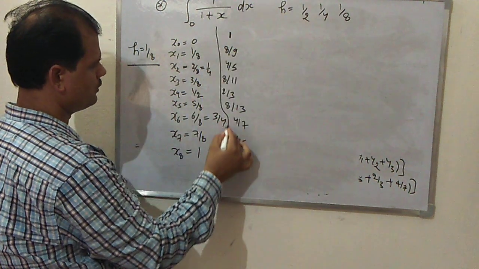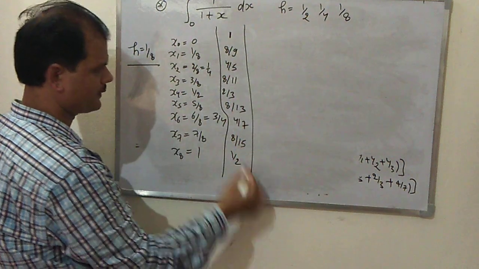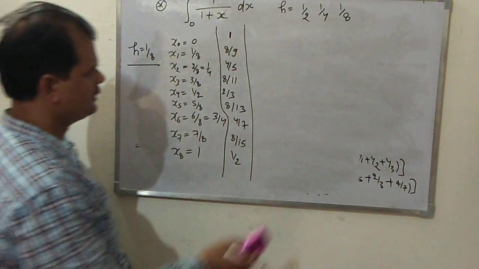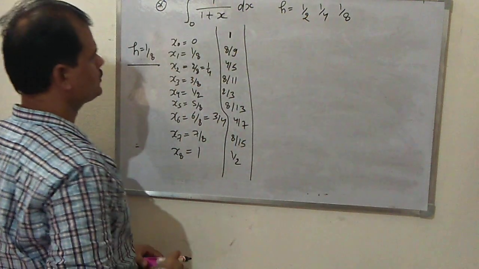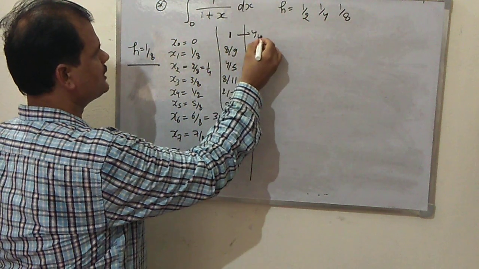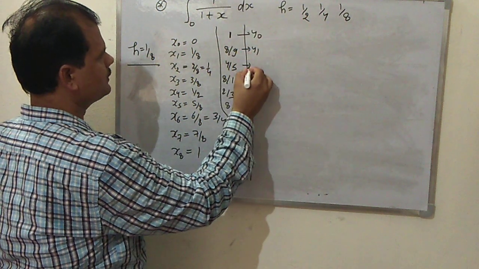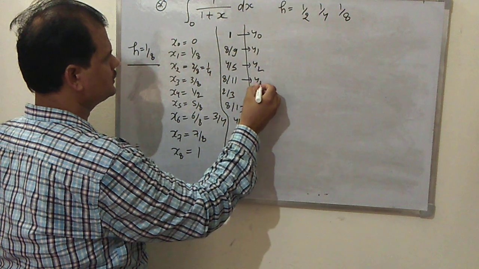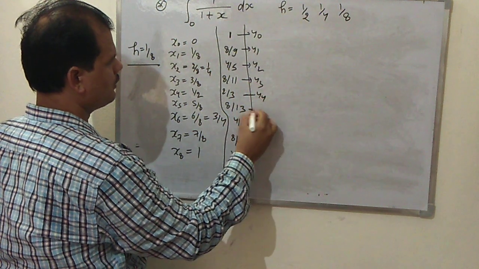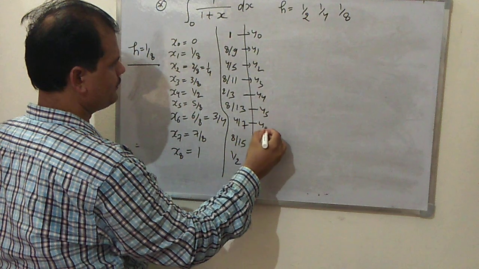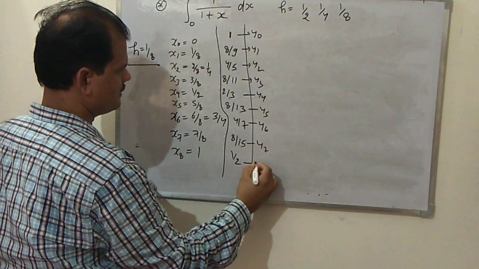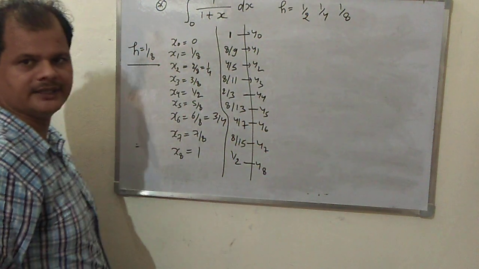So this is your y data. Now we have y0, y1, y2, y3, y4, y5, y6, y7, and y8.